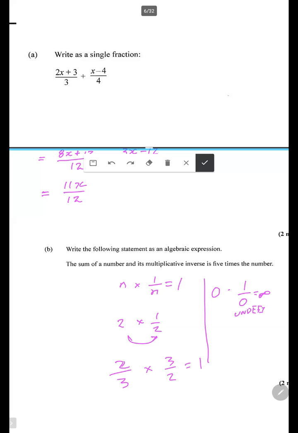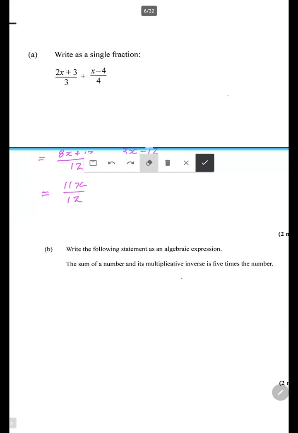So 0 is the only real number that has no multiplicative inverse. Understand that 0 is the only number that has no multiplicative inverse. So let us erase this now. All right, so back to this now.